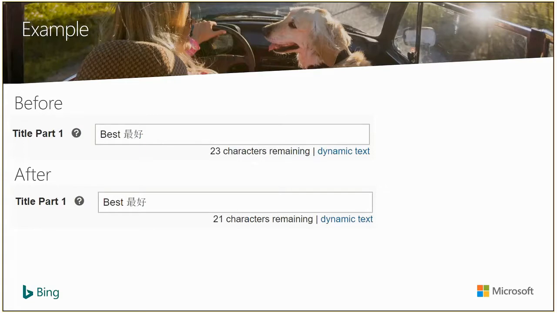This was counted as 7 before, and you could use 22 characters remaining, as you can see. Right now, after this release, these Chinese characters will count as 2 each, and this total would count as 9 rather than 7, because there are 2 Chinese characters with 2 characters each. So the remaining characters that you can use would be 21.